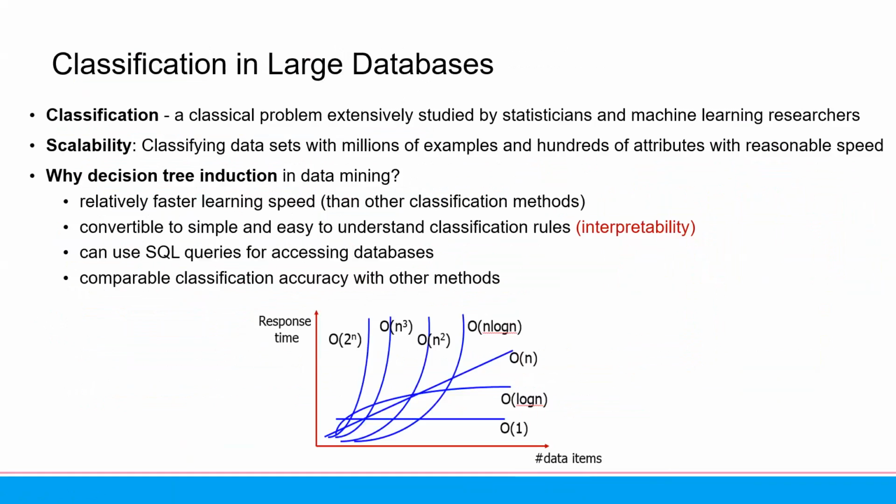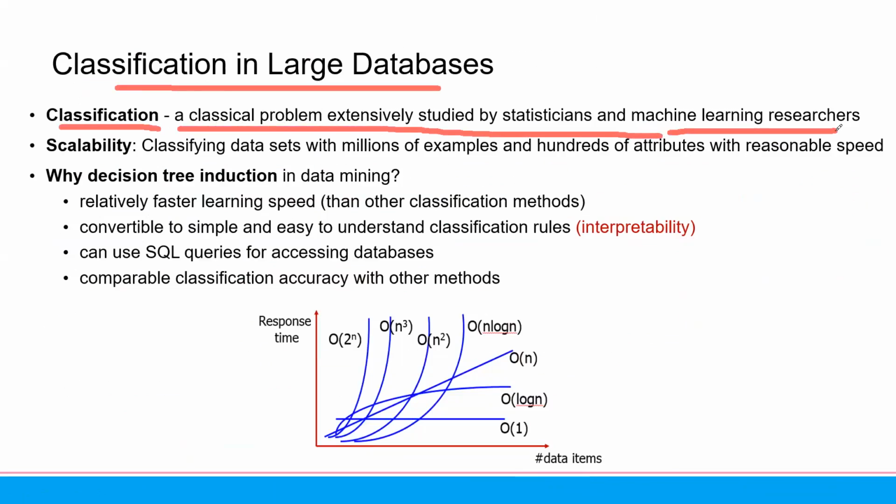So if we do classification in a large database, we want to check if the classification can work with big data. Classification is a classical problem extensively studied by statisticians and machine learning researchers. The issue will be scalability.